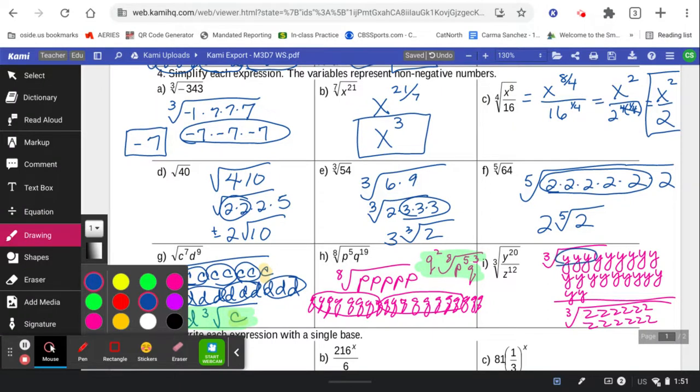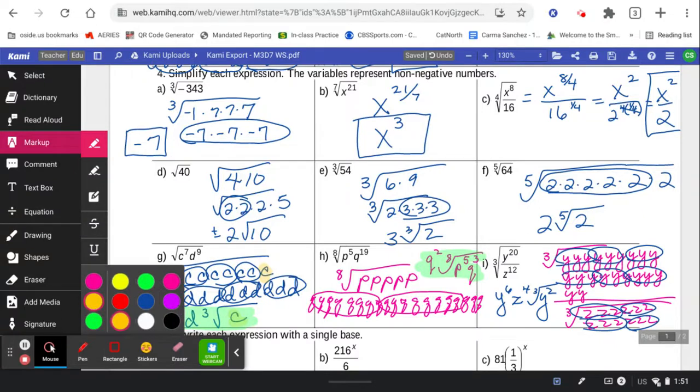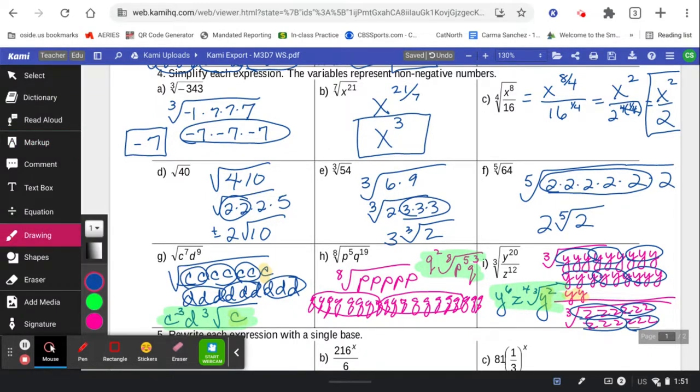So 3 y's, a y comes out, another y, another y, another y, another y, another y, and there's 2 left over. So 1, 2, 3, 4, 5, 6. And then down here, a z, a z, a z, a z, z to the 4th comes out. What's the only thing left over? These little y squareds right here that didn't get used up. So final answer, y to the 6th, z to the 4th, cubed root of y squared.